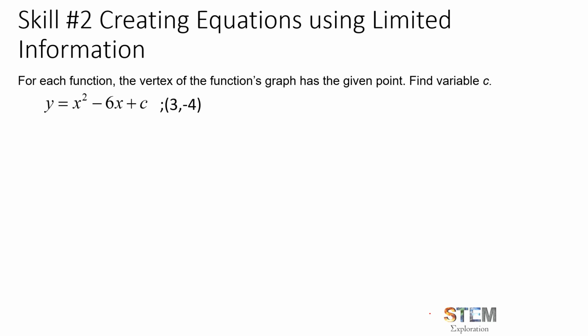Now I want to take a couple minutes here to talk about how to create an equation using limited information. So let's say you have an example and you want to find the missing term here of c, given that you have the vertex of your equation and some basic information about the quadratic equation that you have at hand here.